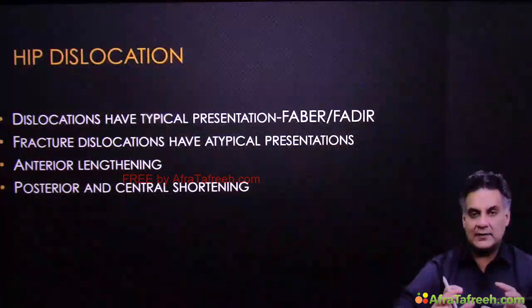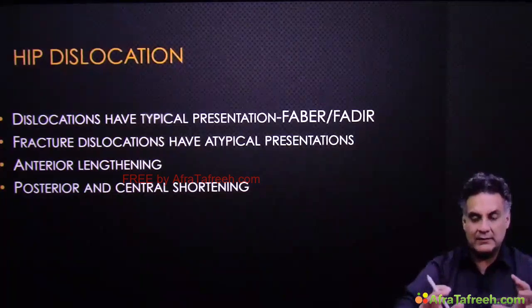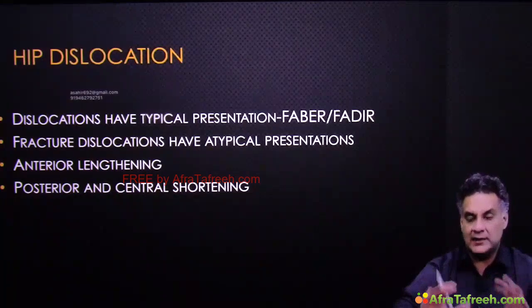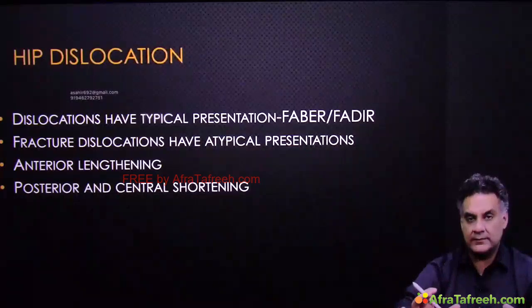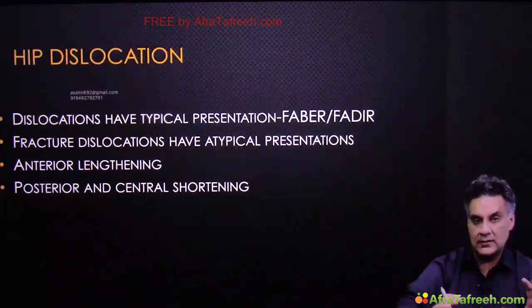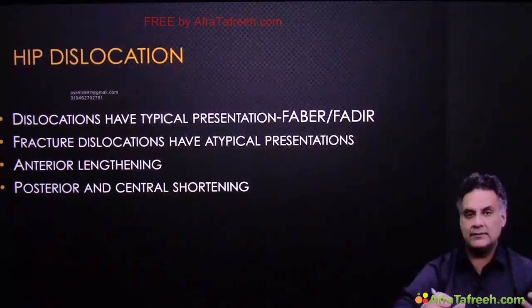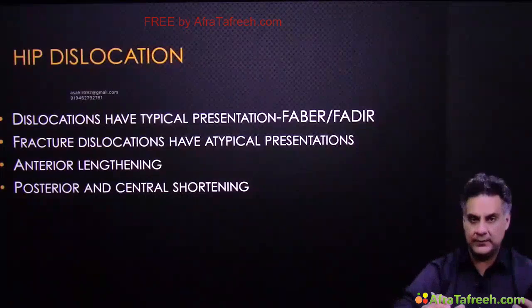When we look at subluxation, it is partial loss of contact between the two joint surfaces. When we look at dislocation, there is complete loss of contact. Hip dislocation is not as common as shoulder dislocation, but it is more posteriorly, shoulder anteriorly.